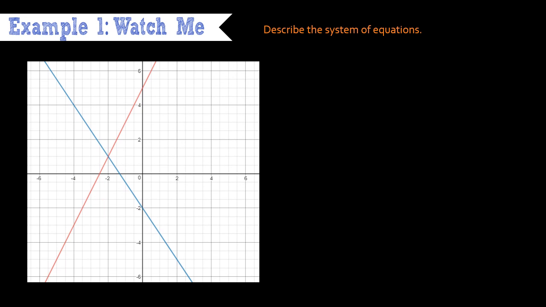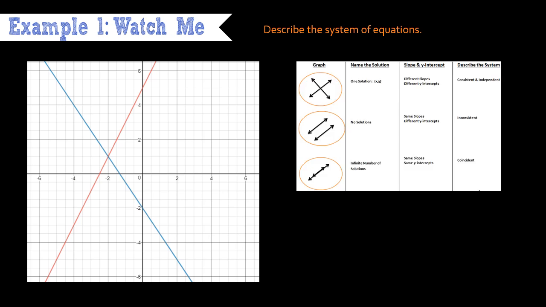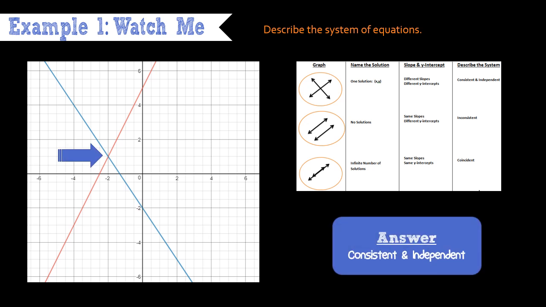So in this first example, it says to describe the system of equations. So notice I'm given a system already graphed for me. We're going to use our graphic organizer to determine what description matches this scenario. So since I have two equations here that clearly intersect, they have a solution. The terms to describe that specific situation where I have a solution is consistent and independent.